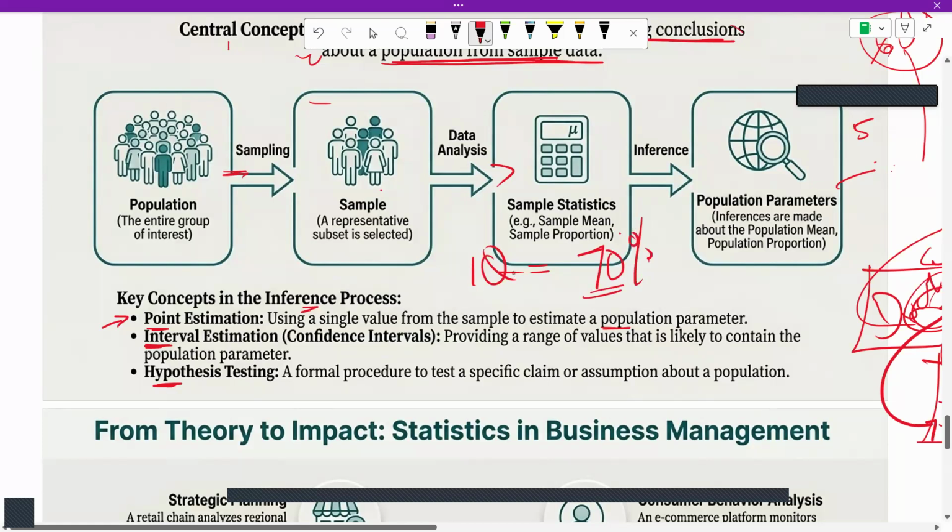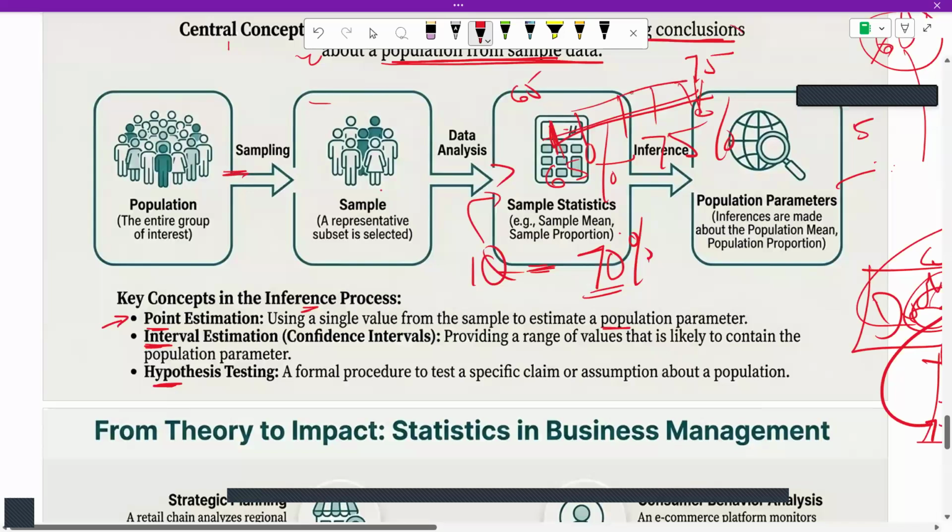Interval estimation. Someone says, I may score 65 to 75. So here he gives an interval. He may take a score between this, sometimes 65, 67, 70, 73, 74. Maximum he may take 75, minimum 65.